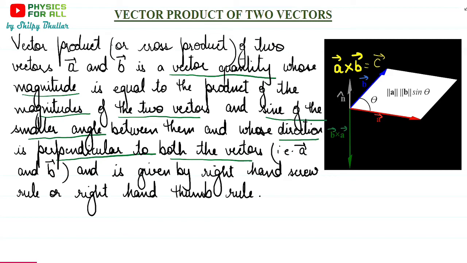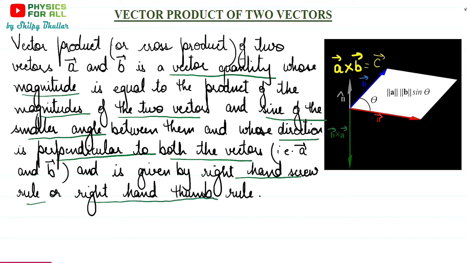Here you can see this n cap being shown. This is basically A cross B. The vector shown by the gray arrow is the final, resulting vector from the vector product of these two vectors A and B. It is represented by A cross B, and it is perpendicular to both A and B. This can be understood by the right hand screw rule or right hand thumb rule.